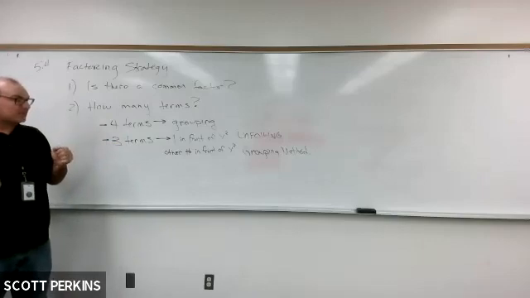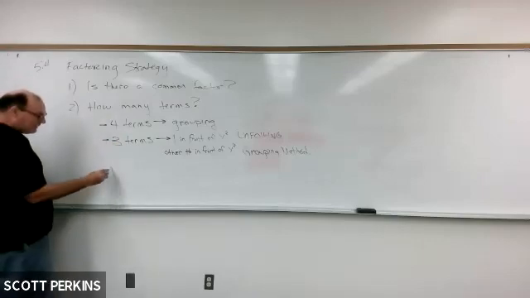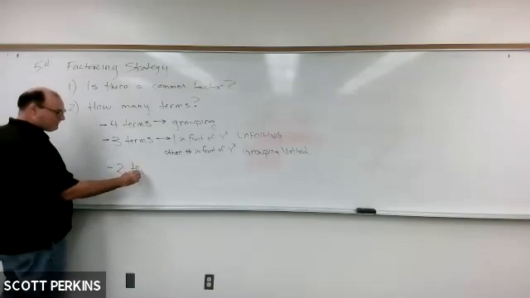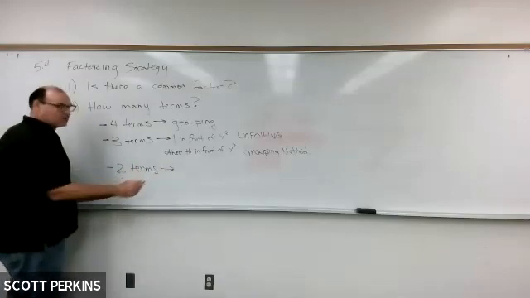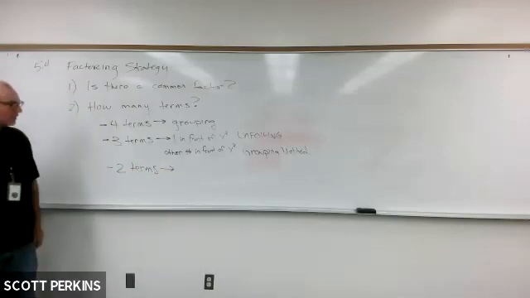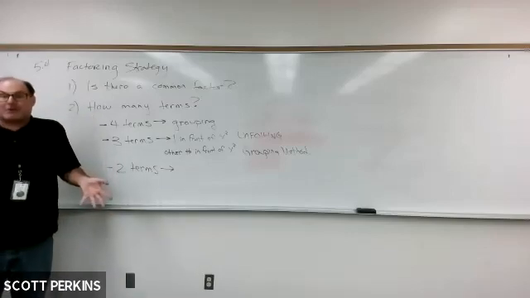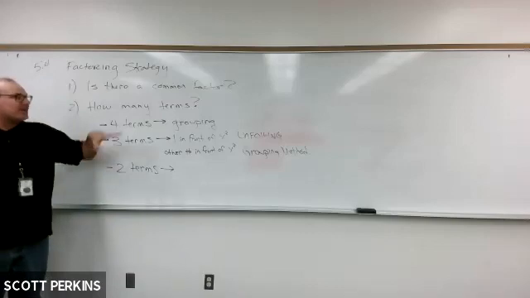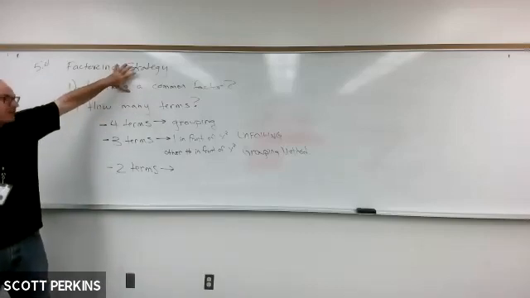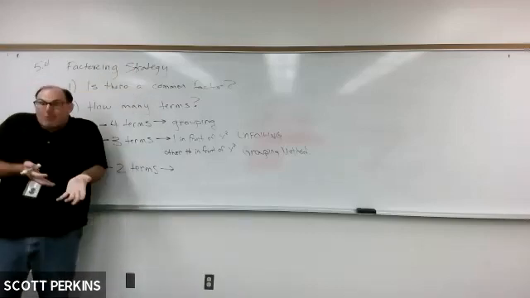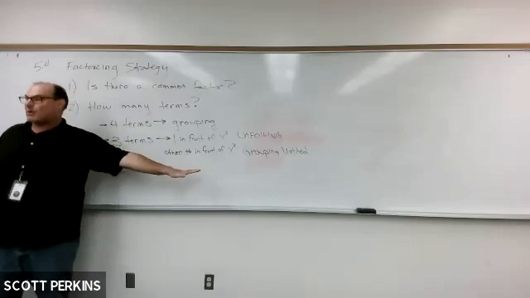And then the last thing is, are there 2 terms? If there's 2 terms, then if it's going to be factorable, it has to be one of 2 things. If you've taken out the common factor and what's left is not one of these, you're done with the problem. You can't go any further.